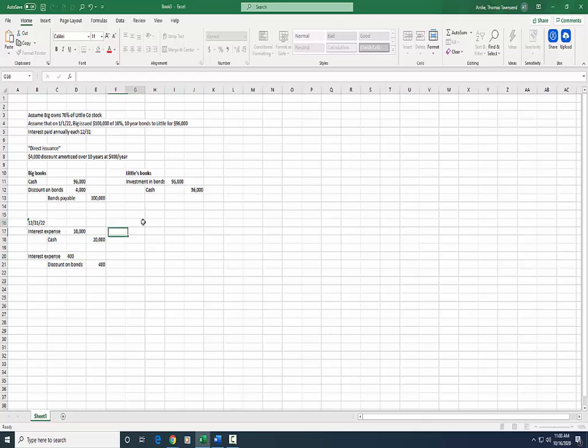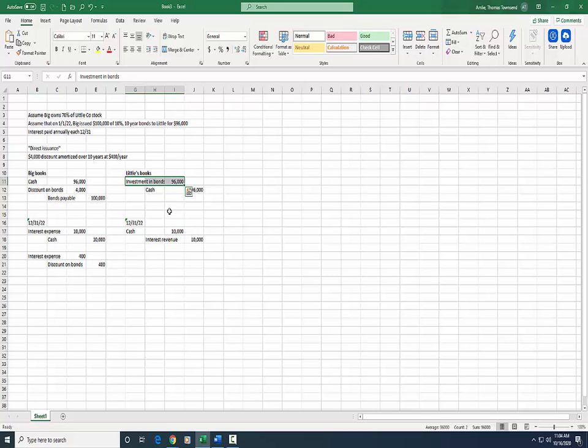Okay, over on Little's books, they're going to be the ones who are receiving the interest. So they're going to take in $10,000 in cash, and that's going to be their interest revenue. And they too need to amortize. Generally the bond buyer doesn't record a separate discount or premium.